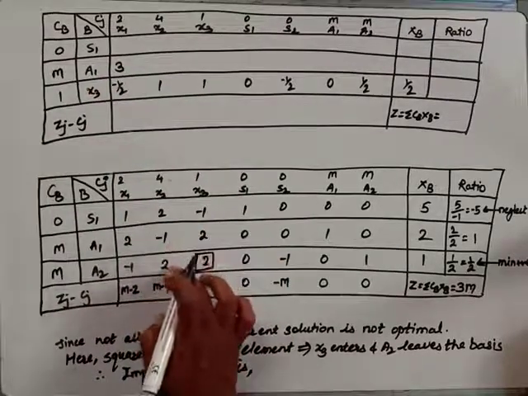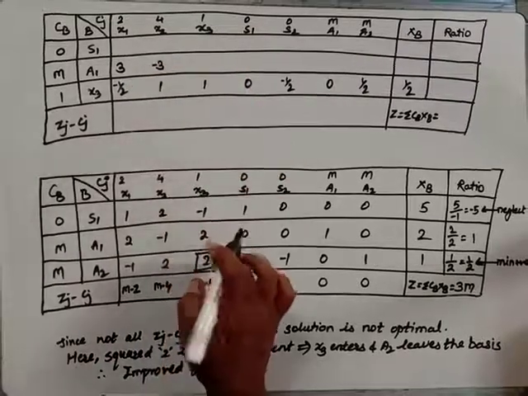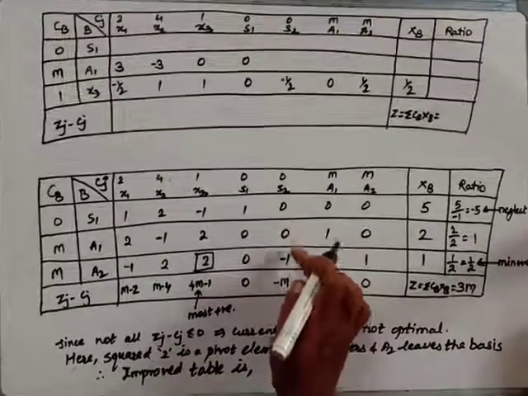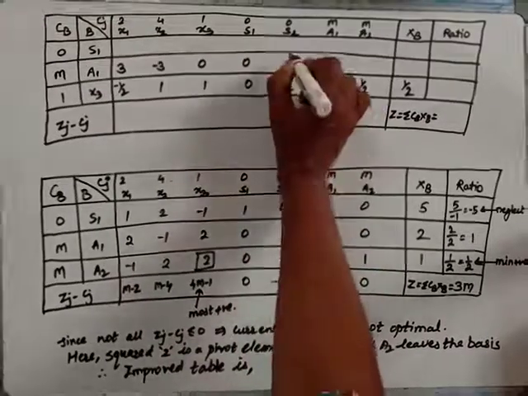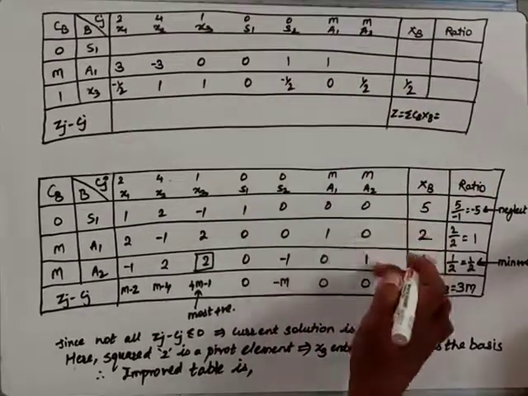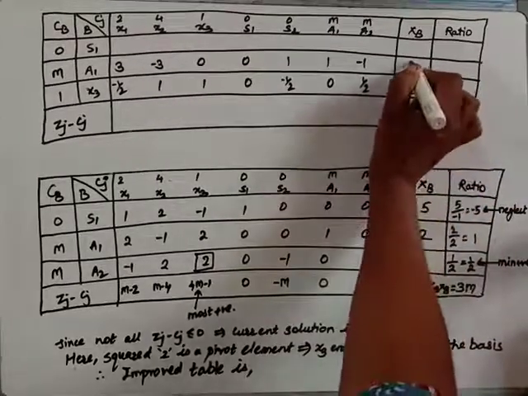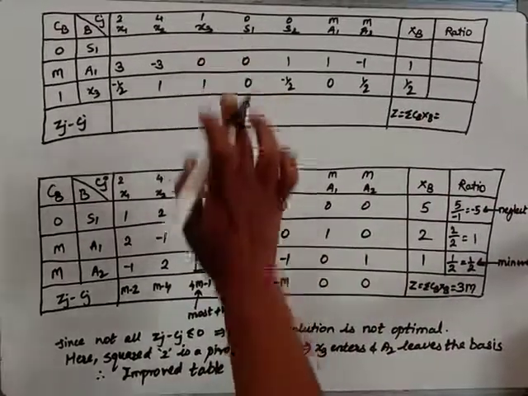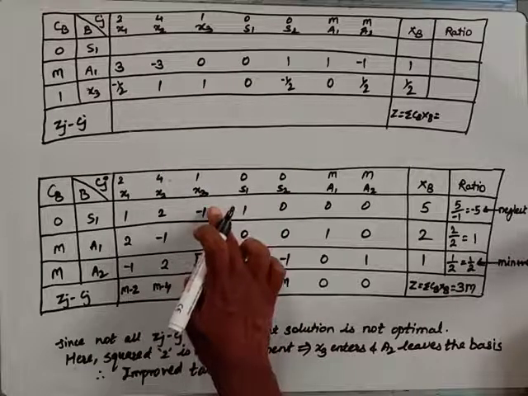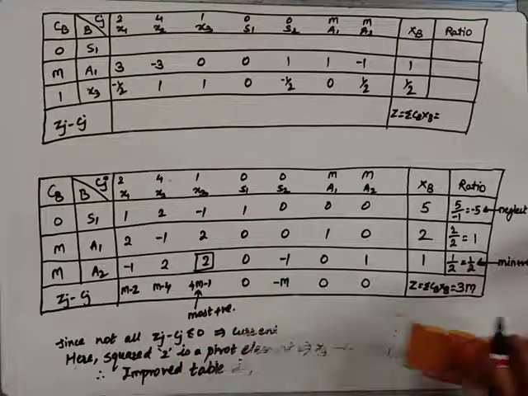Then minus 1 minus 2, so I get minus 3. 2 minus 2, 0. 0 minus 0, 0. 0 minus of minus 1, so it will be 1. 1 minus 0, so 1. 0 minus 1 is minus 1. And 2 minus 1 is 1. So as such we get 0 in the second row. Now this minus 1 we have to make 0. So for that, let us perform an operation.